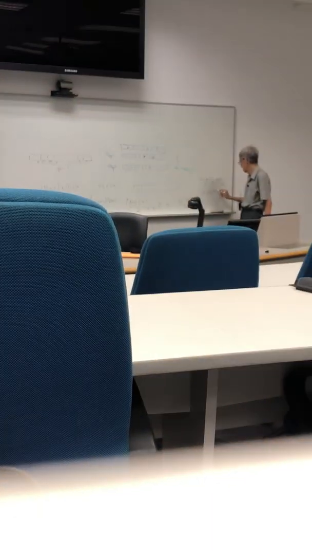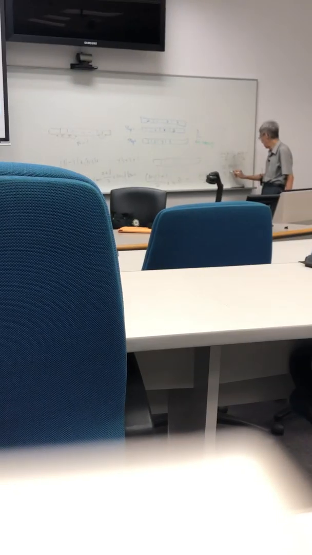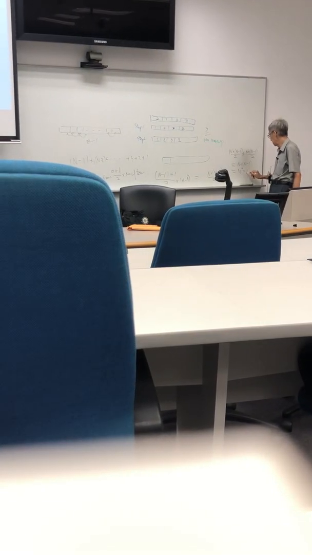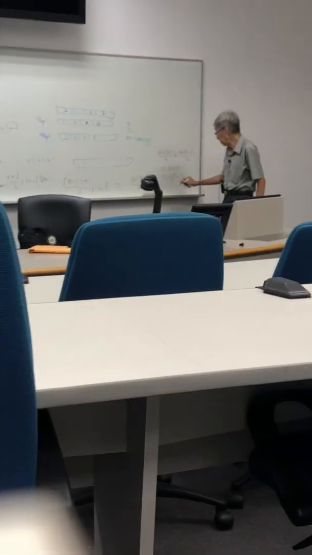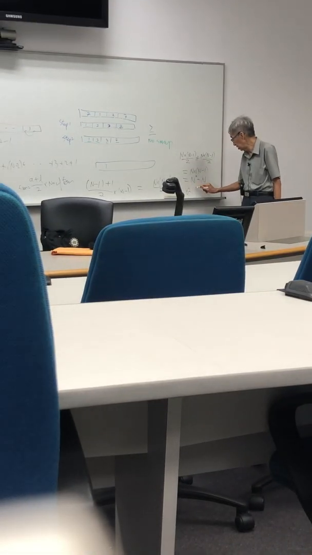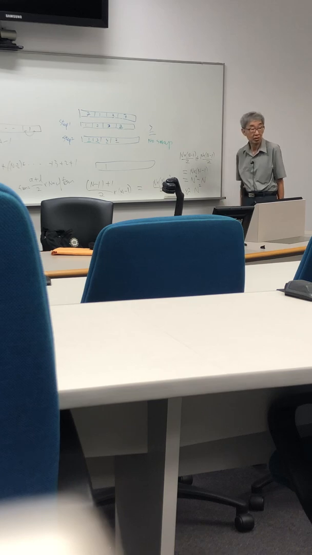These two add up together: n times n-1 divided by 2 plus n times n-1 divided by 2. So they add up to n times n-1. So it's n squared minus n. Okay, n squared minus n is approximately equal to n squared. We ignore the lowest term.